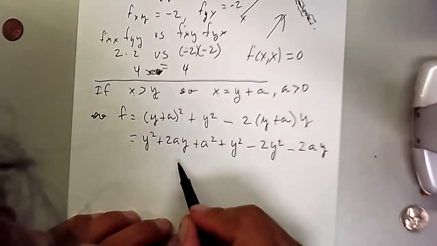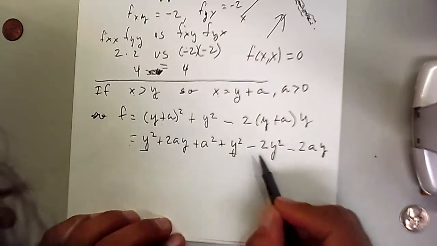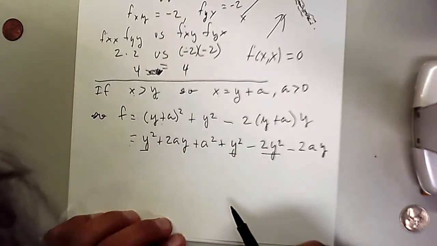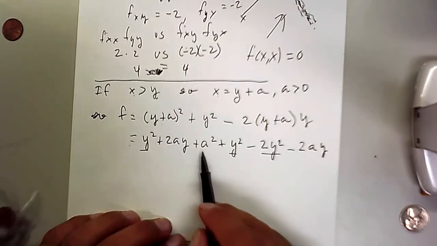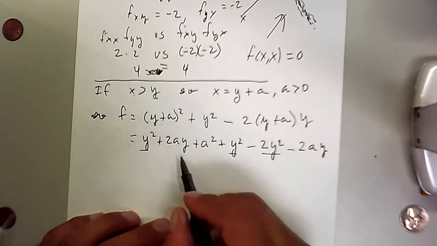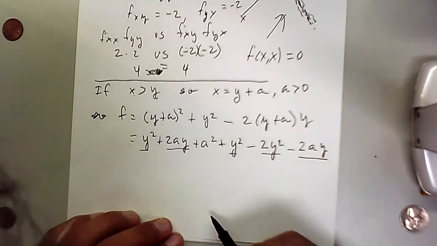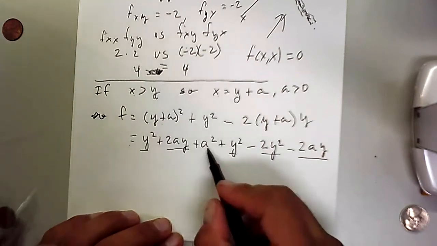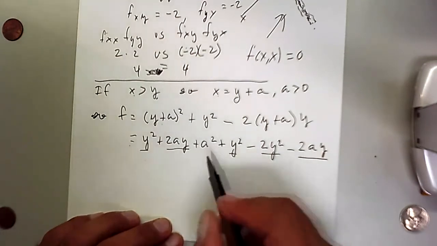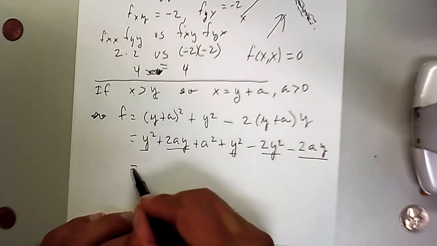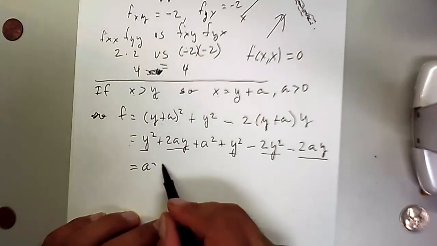Anyway, so y squared plus y squared minus 2y squared, that's 0. So we end up with 2ay minus 2ay, which is equal to 0. So the only thing that survives is a squared, which is positive.